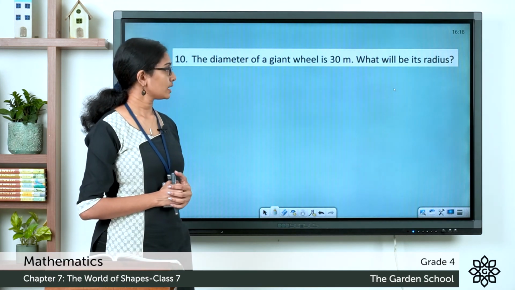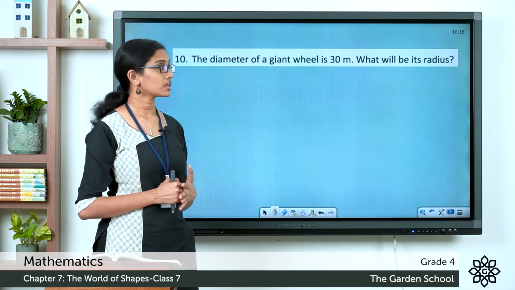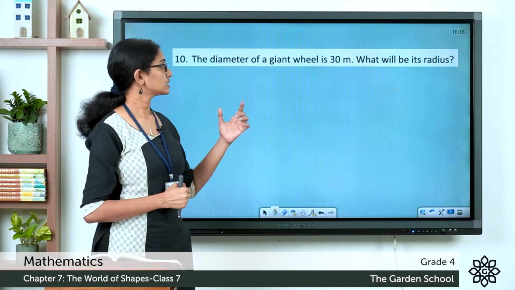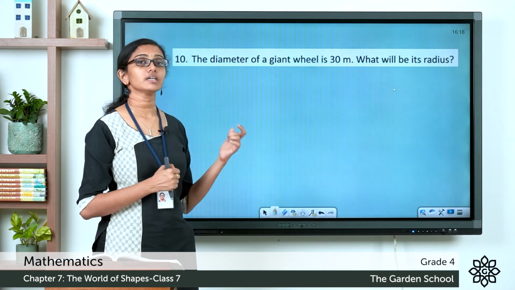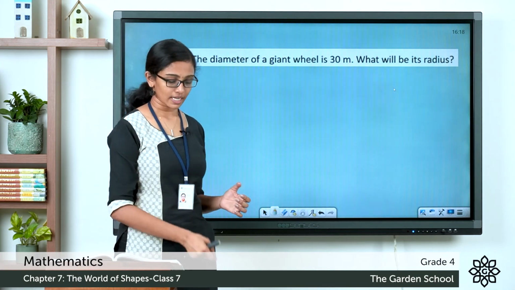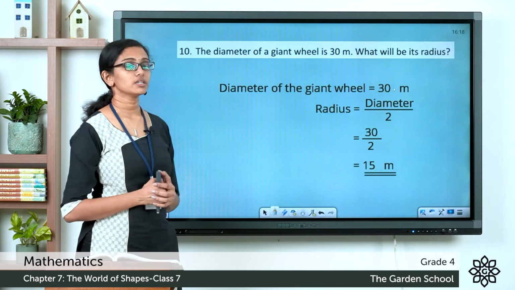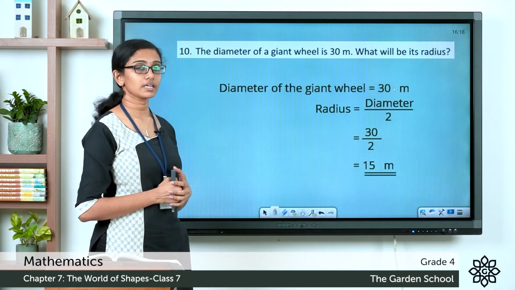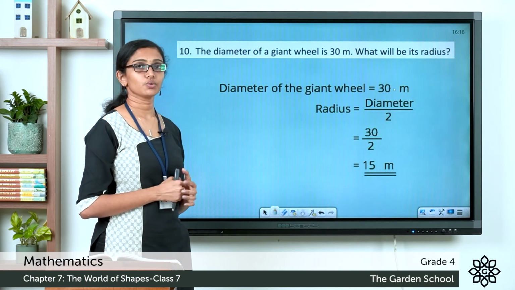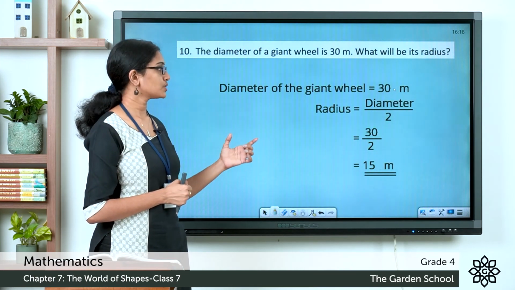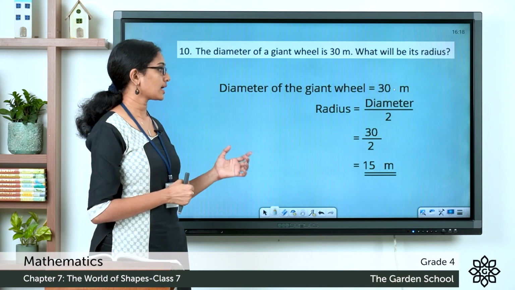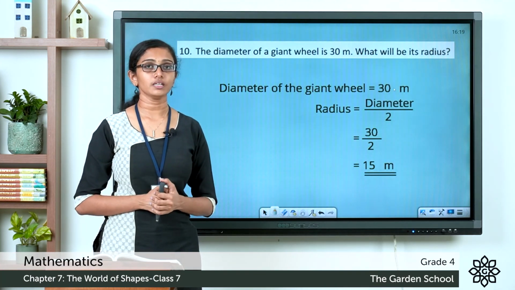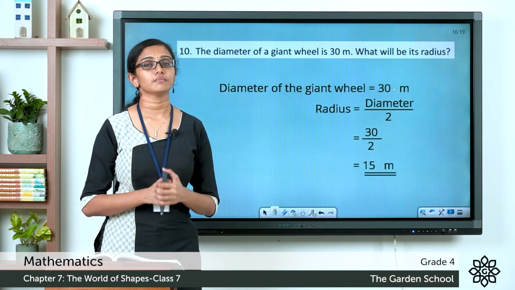So given the diameter of the giant wheel is equal to 30 meter, the radius would be half of 30 meter, or 30 meter divided by 2. Let's write down the steps. Diameter of the giant wheel is equal to 30 meter. And the radius will be equal to diameter by 2, or half of diameter, which is equal to 30 divided by 2, and that is equal to 15 meter. So the radius of the giant wheel would be 15 meter.